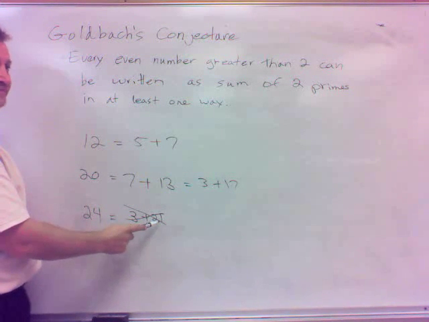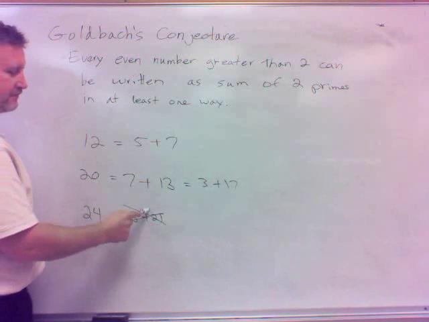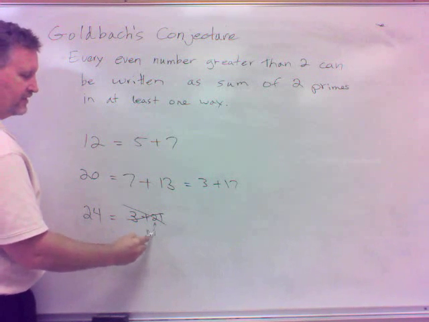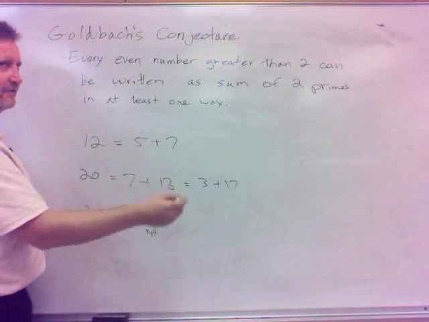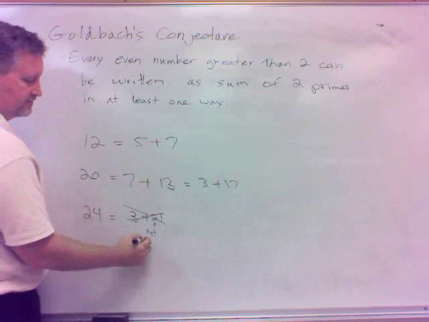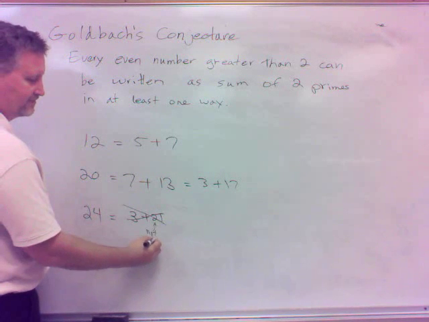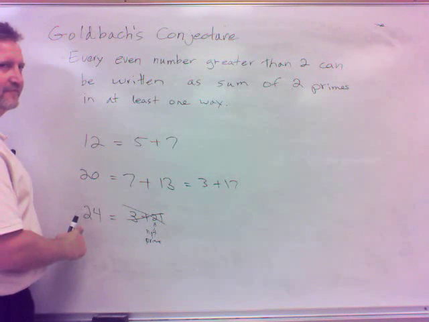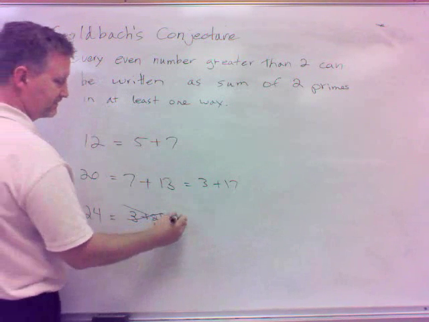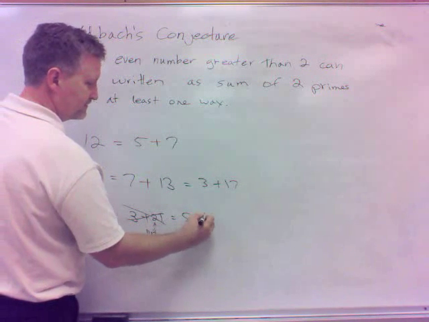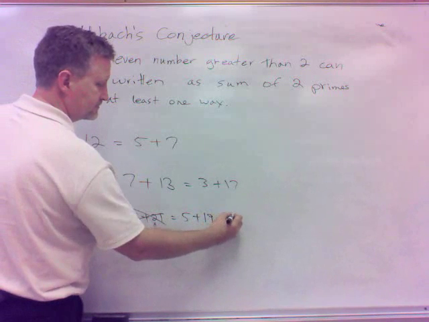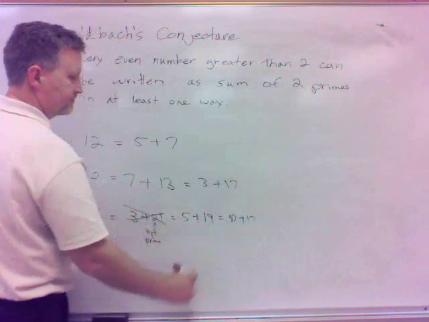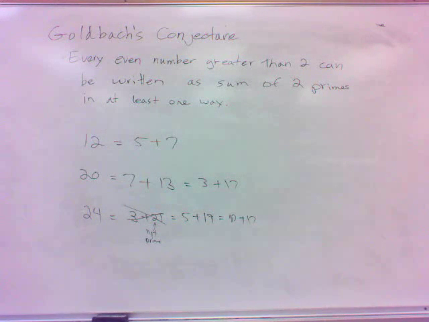Is 21 prime? Just be careful when you're doing these, because they'll say verify Goldbach's conjecture for such and such a number. Be sure you get 2 primes there. How could I do it better there? 19 and 5, okay. 17 and 7. 3 and 21 doesn't work. Just be sure you get 2 prime numbers there.